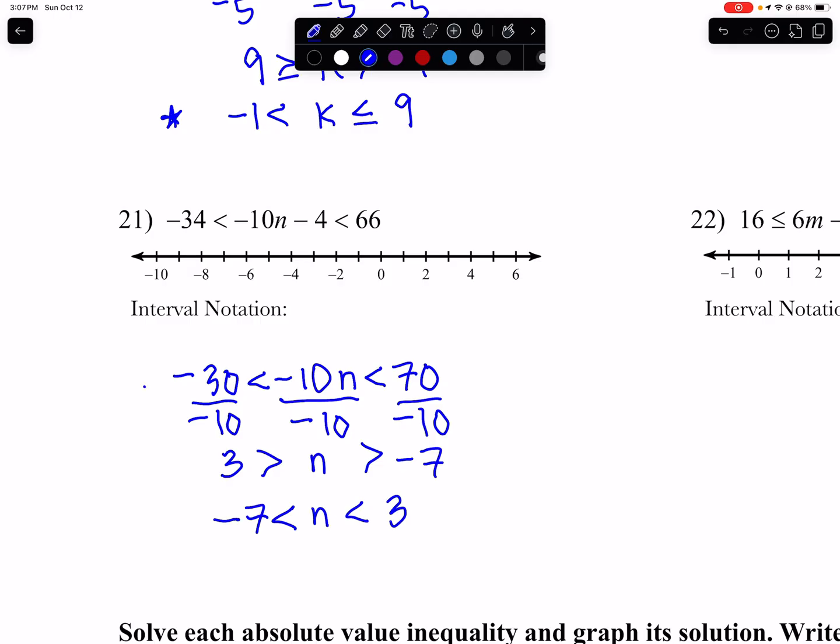Almost like if there was a mirror right here, kind of reflect it. So the signs all flip and then the numbers flip as well. Okay, and then I would just go -7, 3. We have open circles because we have less than signs. And then that would be my connection. And then we use parentheses.